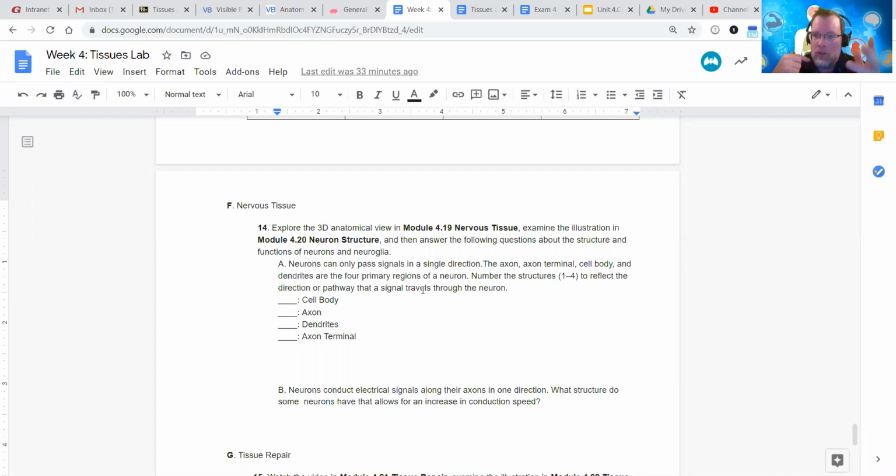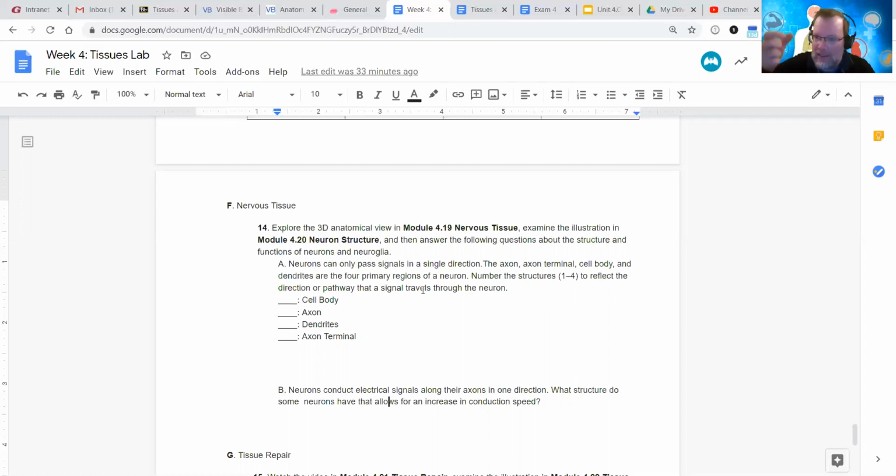But again, we're dealing with 4 items initially. Dendrites are number 1. That's where the impulses are going to arrive at a neuron. And then we're going to be in the cell body of the neuron where the nucleus is. And then we're going to transmit and funnel all that electricity down into the axon.